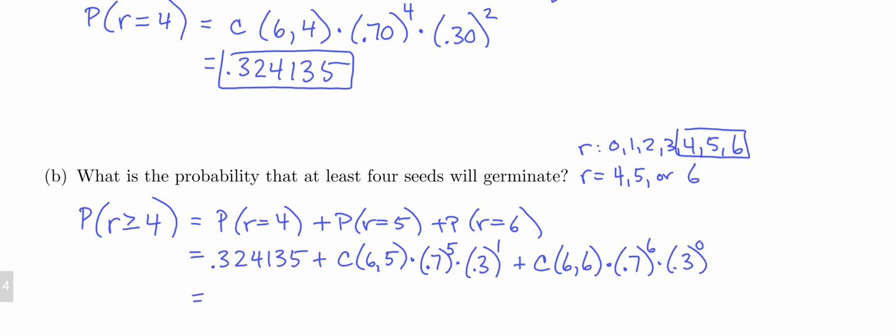Again, this can be calculated all at one time for each individual probability. So the probability that r equals 5 comes out to be 0.302526. The probability that r equals 6 comes out to be 0.117649.